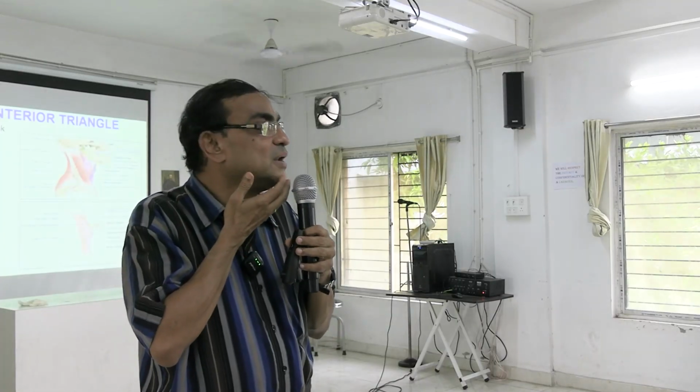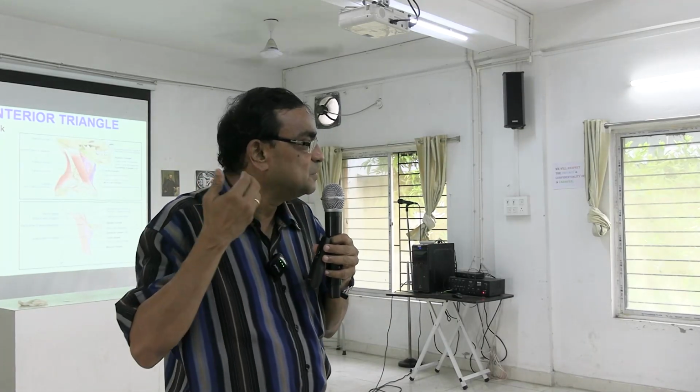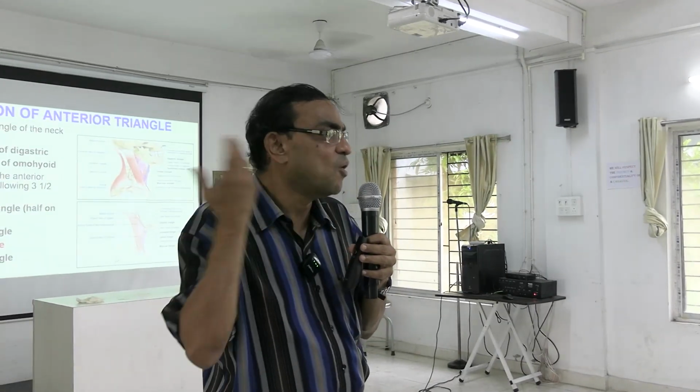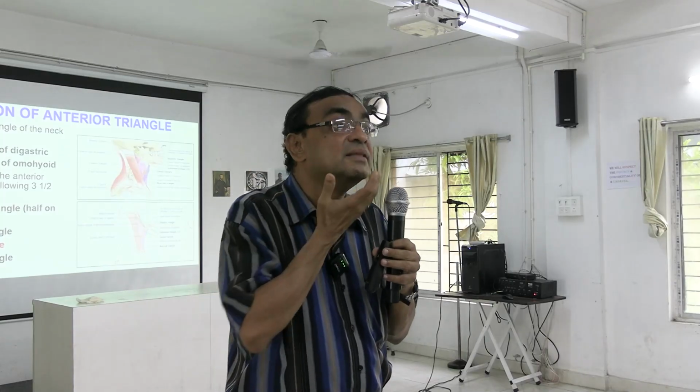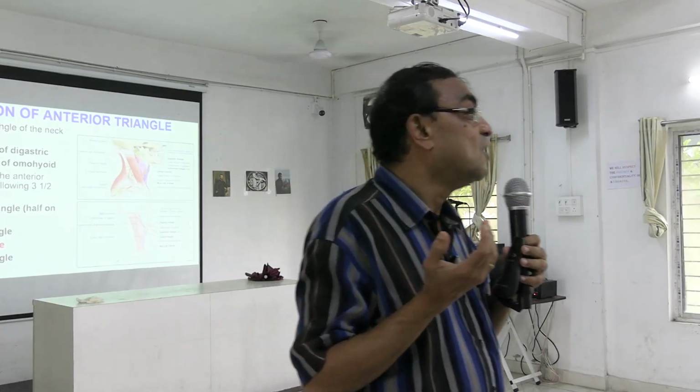So when we remove the skin, superficial fascia, platysma and all, we can get the investing layer of the deep cervical fascia. So it covers all the structures in the neck. Okay, you will know its disposition in a separate class, but here we can encounter it when we are dissecting.